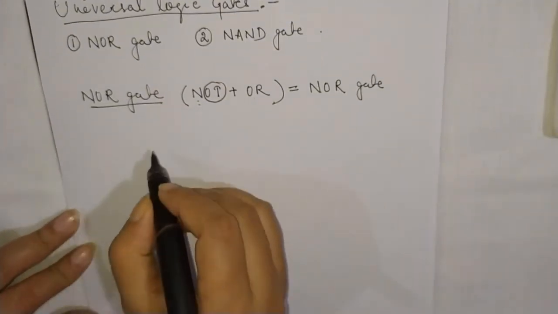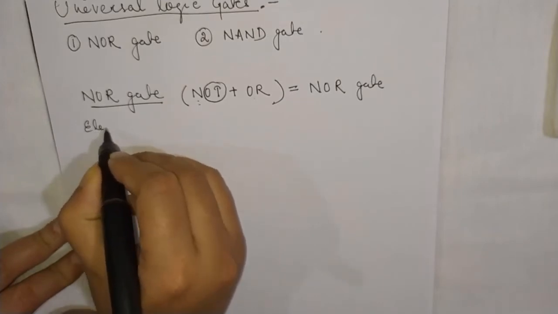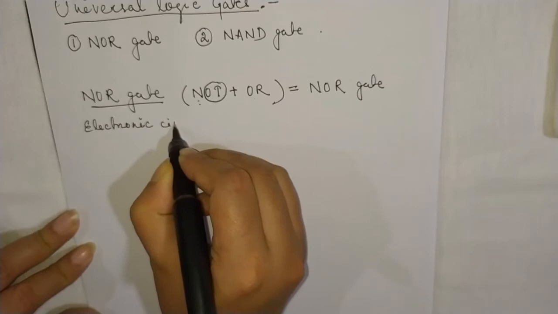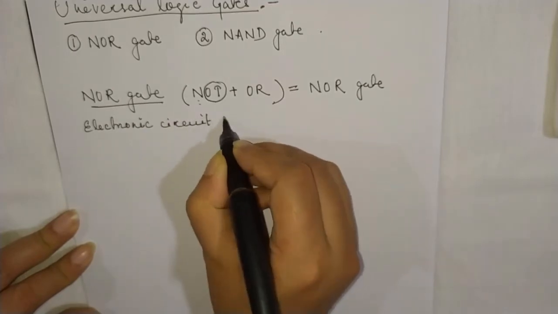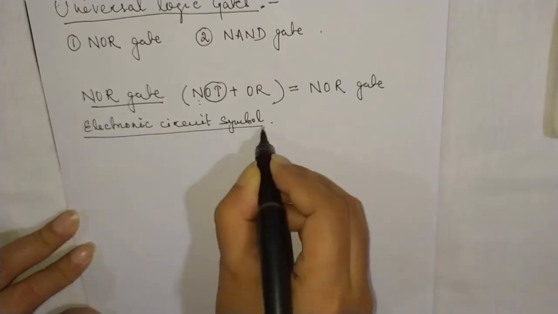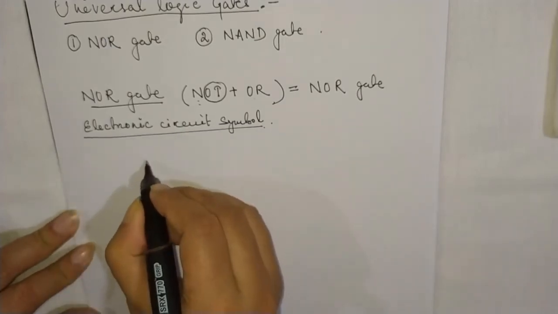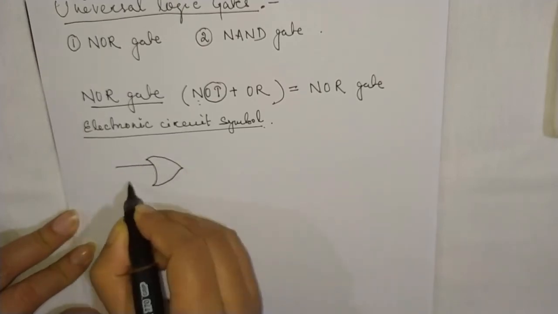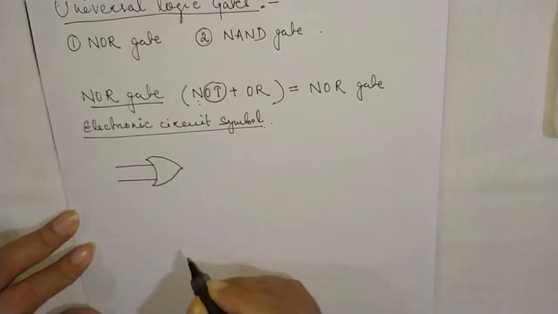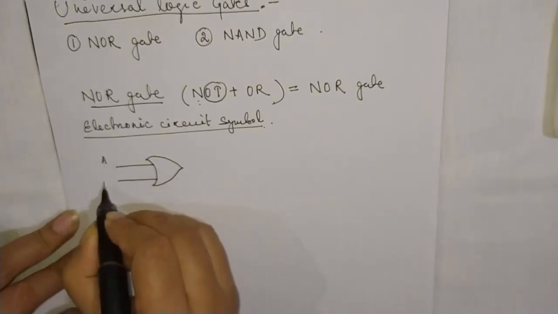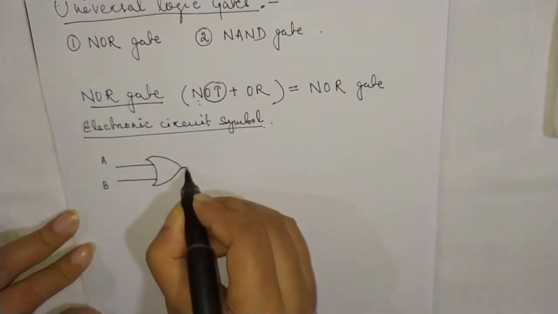So now if you go for the electronic circuit symbol of this NOR gate, the OR gate circuit symbol is like this. OR gate has two inputs. Let us take one input is A, another input is B, and it has only one output.